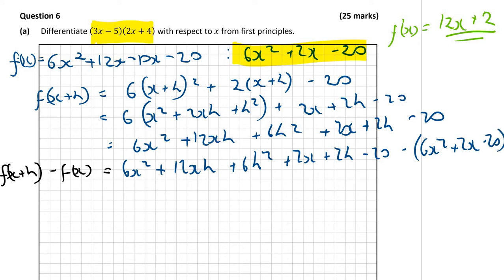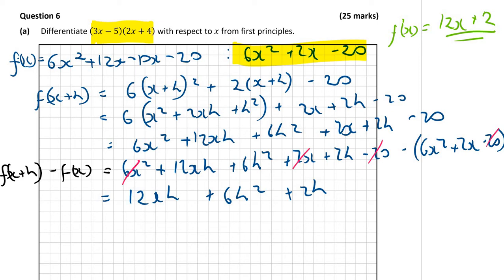I've just kept that in brackets there. So 6x squared minus 6x squared, so we've no x squared terms left. We've got 12xh, then we've got plus 6h squared plus 2x minus 2x, so I've lost that. Then we've got plus 2h, and then we've got minus 20 minus minus 20, which is plus 20, so we've lost that as well. So we've just shortened it down to that.